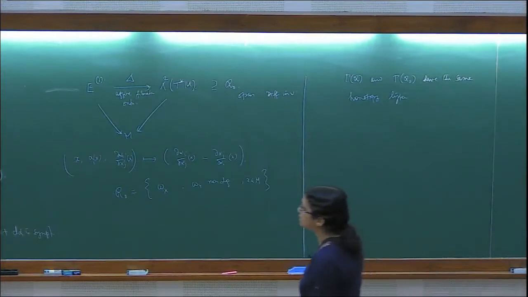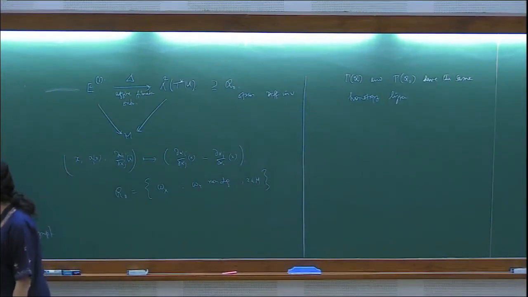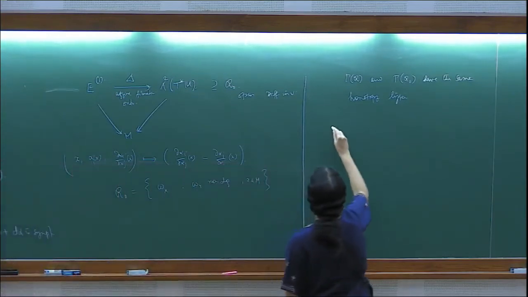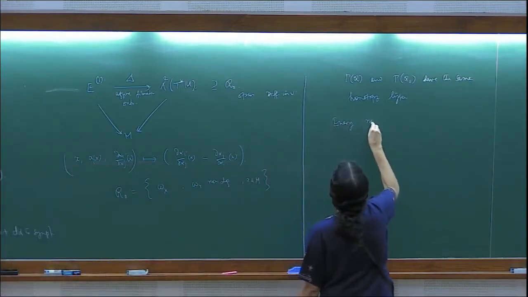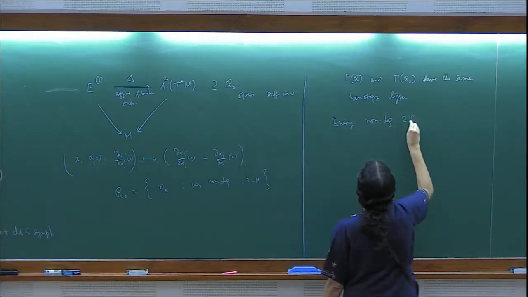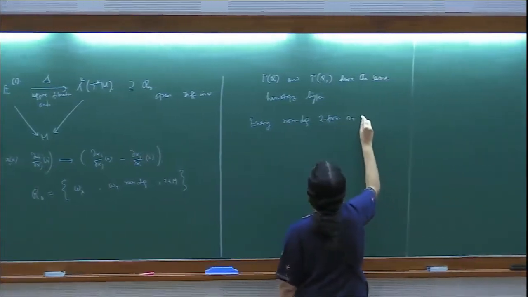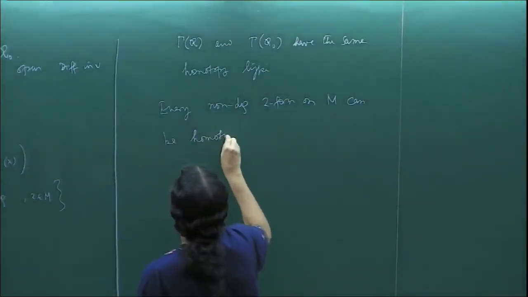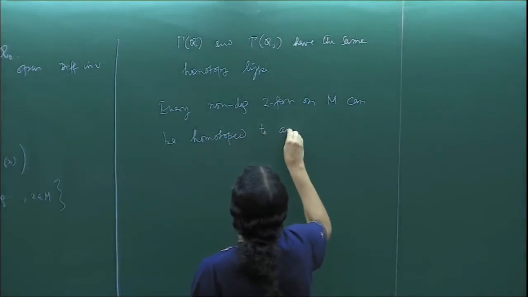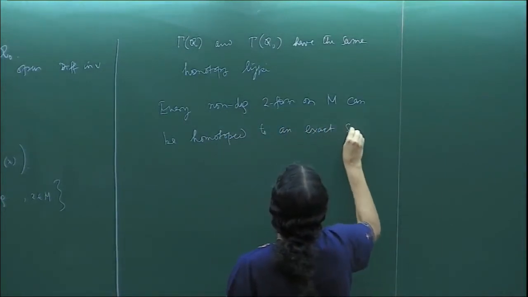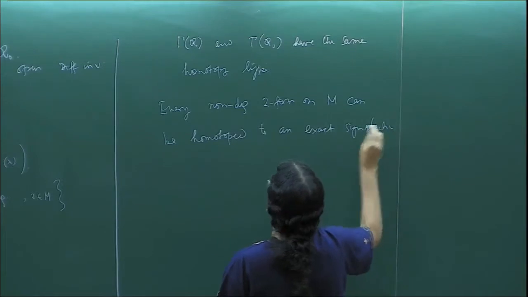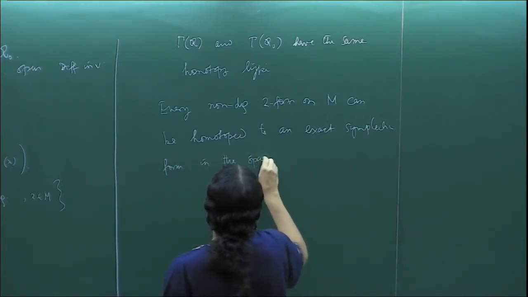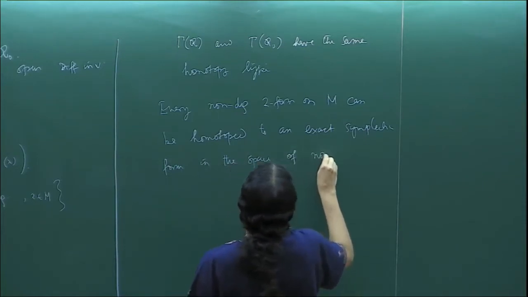So instead of writing that every section of R can be homotoped to this, I can rewrite it as follows: every non-degenerate 2 form on M can be homotoped to an exact symplectic form in the space of non-degenerate forms.